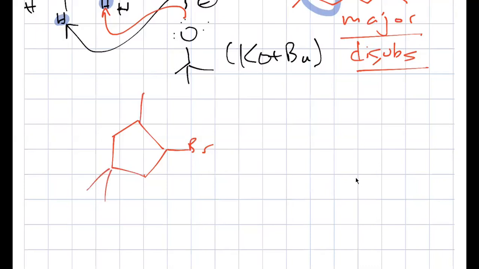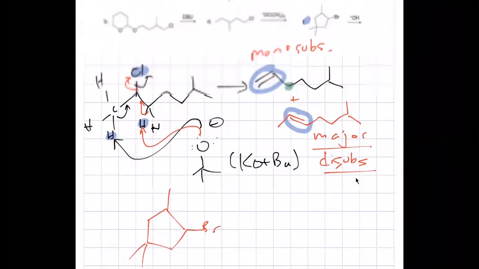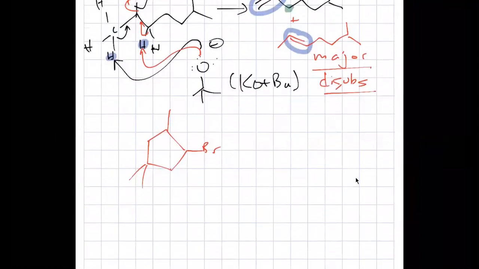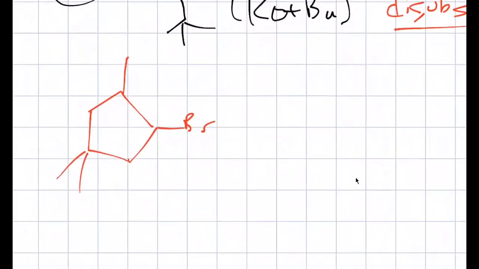All right, and let's see what the base is for that. It's just OH minus. Normally, you'll see that as KOH or sodium hydroxide. Right. The weird thing about the hydroxide anion is that sometimes you'll see it in a problem for substitution or an elimination.